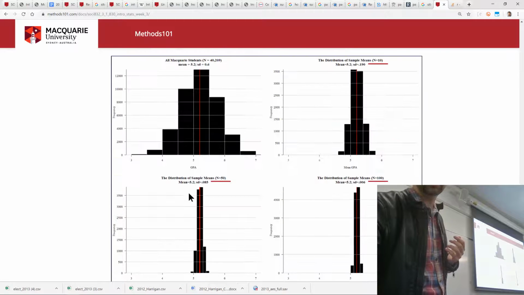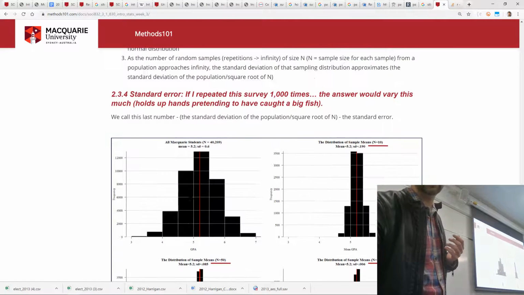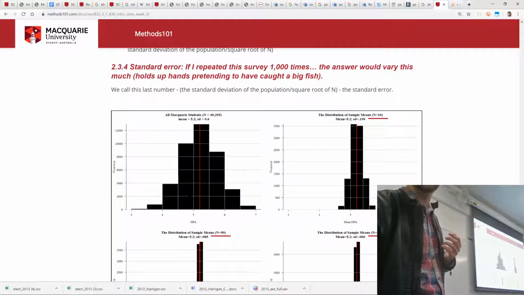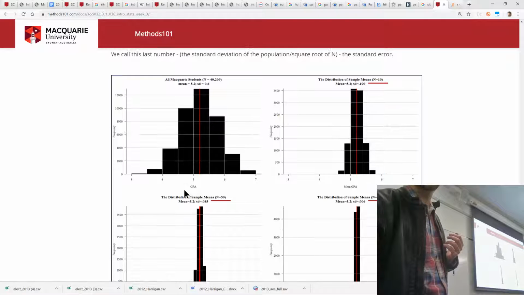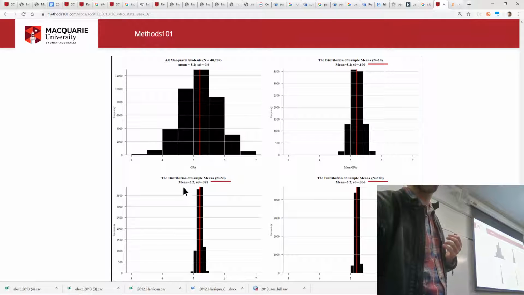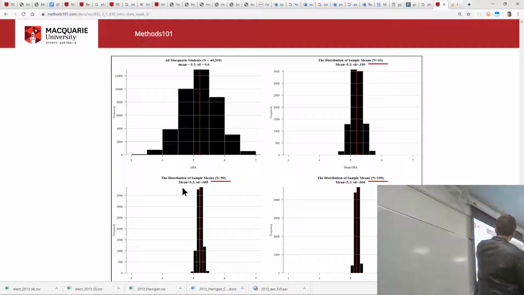Okay, so the standard error. If I repeated this survey 1,000 times, the answer would vary this much. The point is that if we look at this, this is the same data set. This is the population I've simulated, 40,000 people.